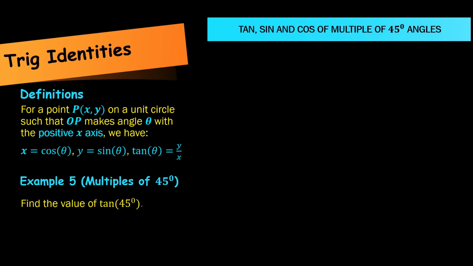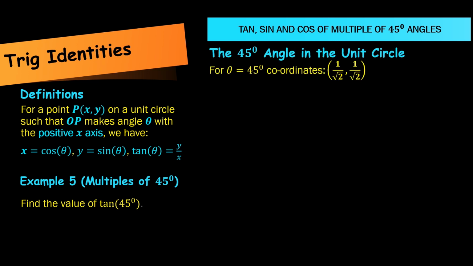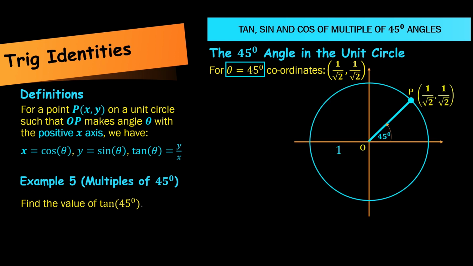We're now going to find the value of tan 45 degrees. But before we do this, let's explore the angle 45 degrees in the unit circle. The angle 45 degrees corresponds to the coordinates 1 over root 2, 1 over root 2. Let's take a look at this. Here's our unit circle.